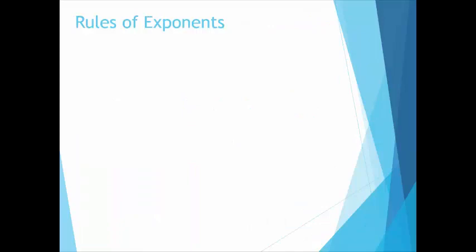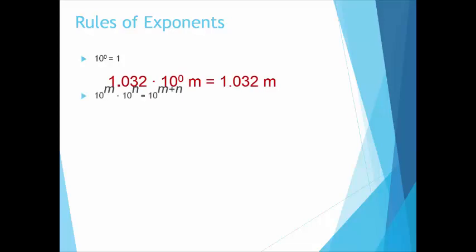Some things on the rules of exponents before we leave for tonight. Just remember, 10 to the 0 is what? 1. That's where I want to get to. If I'm multiplying, 10 to the m times 10 to the n, I add the exponents. So 5 plus negative 2, I get 3. So 10 to the 5th times 10 to the negative 2nd, I end up with 10 to the 3rd.